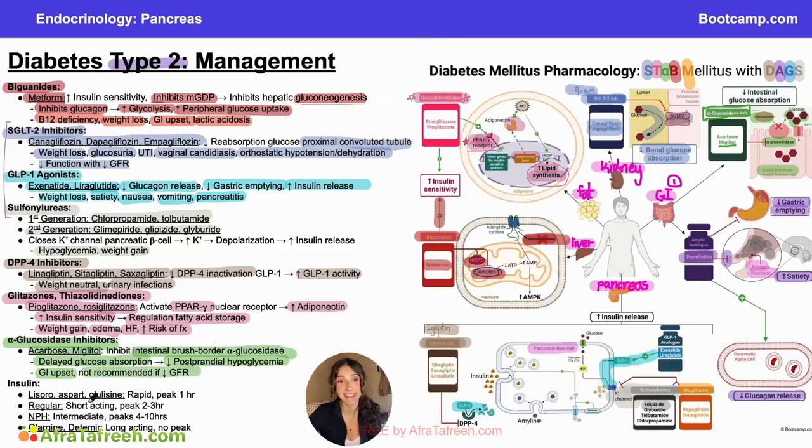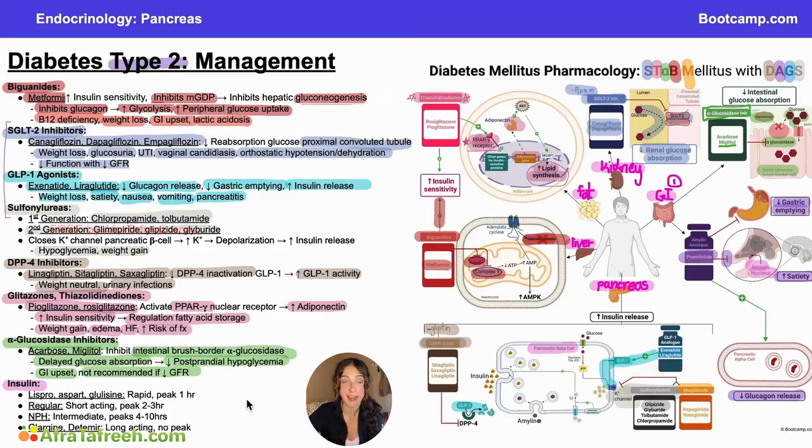And then lastly, and in this case, definitely leastly, is insulin. So we do not want to put patients with type 2 diabetes on insulin. If we have put them on insulin, it means that they have failed other medical management, including whichever combination of these drugs that we use to attempt to control their A1C. Insulin is a last resort drug for patients with type 2 diabetes.